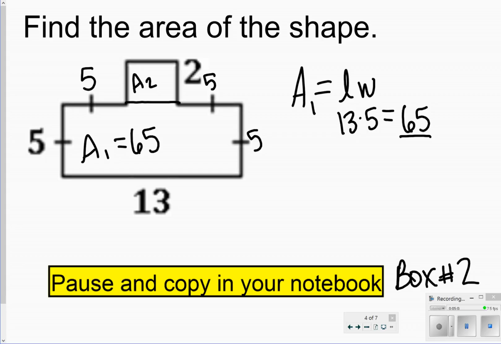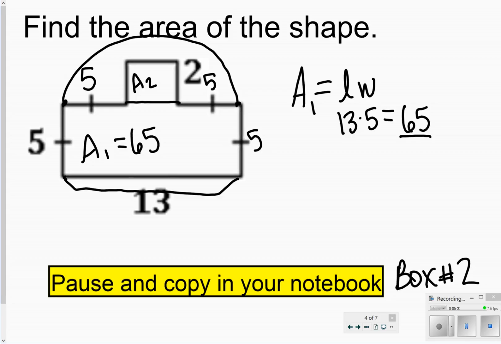Now, how do we use this to figure out what area 2 is? It kind of looks like it's a square, but actually it's not. And here's how we know that it's not going to be a square. We see that down here, the distance from this part to this part is 13, which would mean that from this point right here all the way around to this point, and I just jumped over instead of drawing a straight line, that must also be 13.